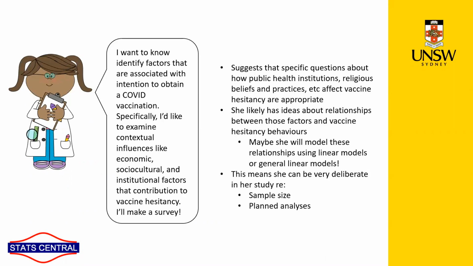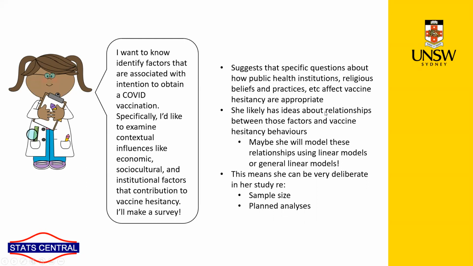This second person who wants to look at the socio-contextual influences might focus on specific questions about how public health institutions or religious beliefs and practices affect vaccine hesitancy. And she could likely have some ideas about the relationships between those factors and vaccine hesitancy behaviors.